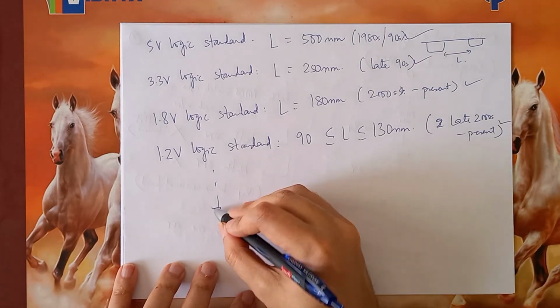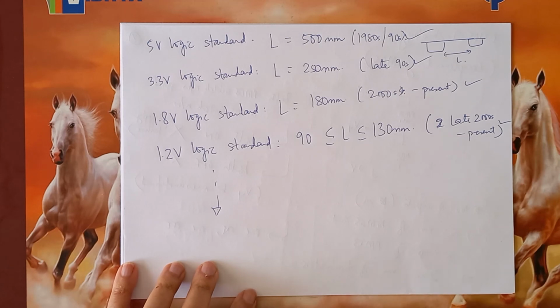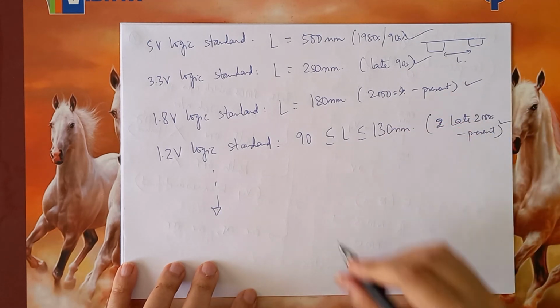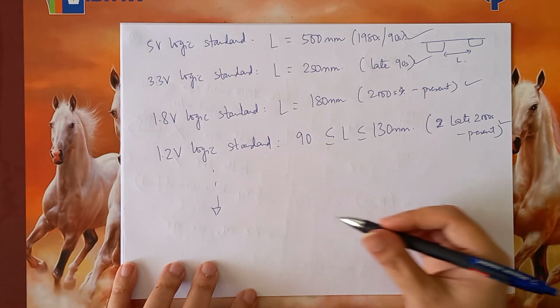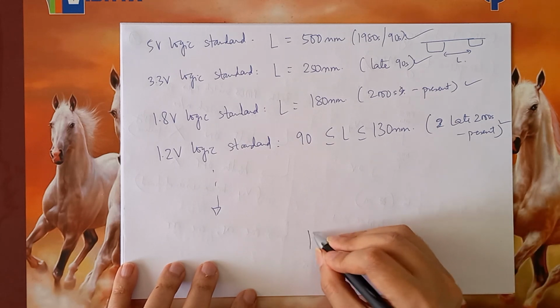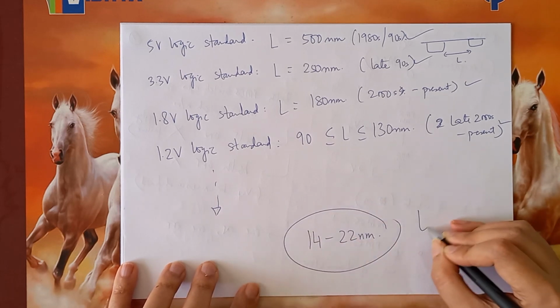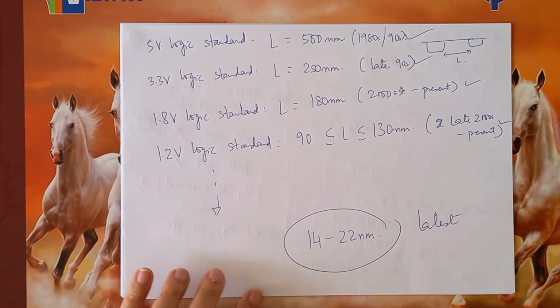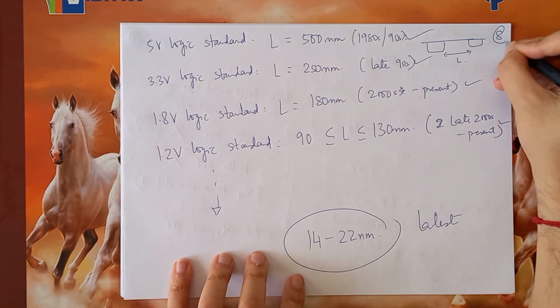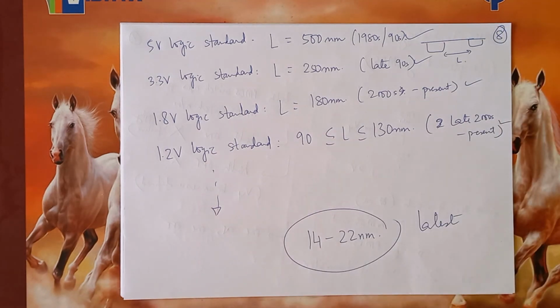It kept reducing and reducing. Today, if you look at very fast logic circuits, the latest ones, unless I'm mistaken, have lengths anywhere from 14 to 22 nanometers. Intel is even experimenting with 7 nanometers and lower. So this is the way in which logic standards have evolved.